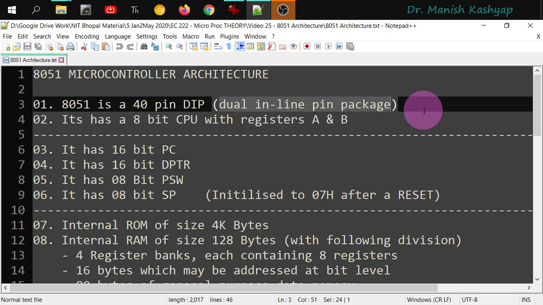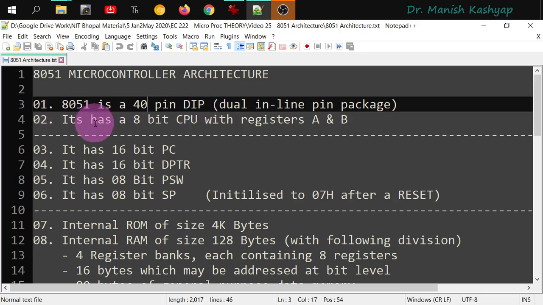Those kinds of integrated circuits are called dual inline pin packages. So 8051 is a 40 pin DIP, 20 pins on one side and 20 pins on the other side, on a rectangular box kind of structure. 8086 and 8085 are also the same. So 8051 is also a 40 pin DIP.